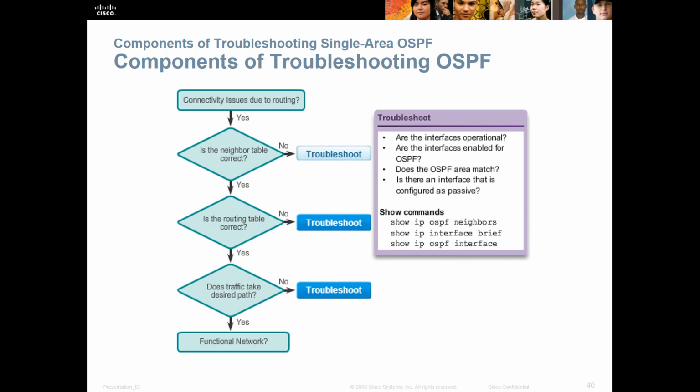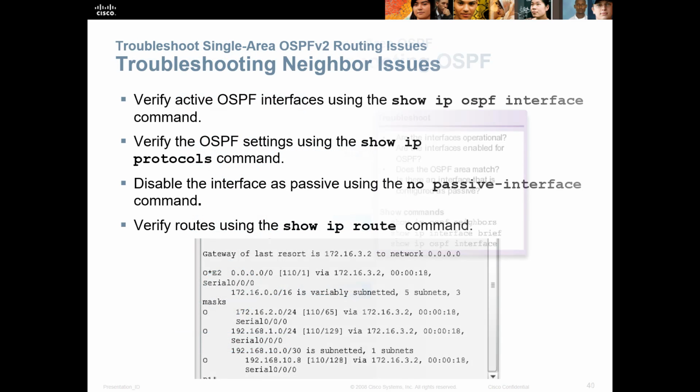Components of troubleshooting OSPF. Are there connectivity issues? Yes or no? If yes, is the neighbor table correct? Is the routing table correct? Does traffic take the desired path? Is it functional? And again, the different show commands kind of help walk us through all of that. Troubleshooting neighbor issues could be just IP route, looking at, again, the different interfaces, the protocols.